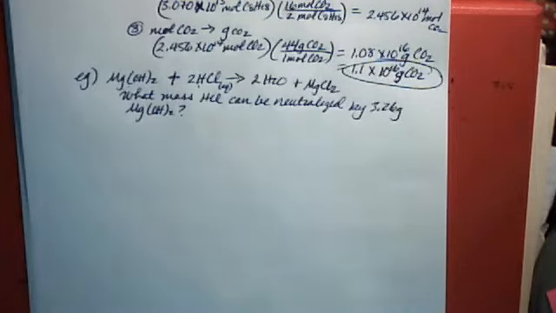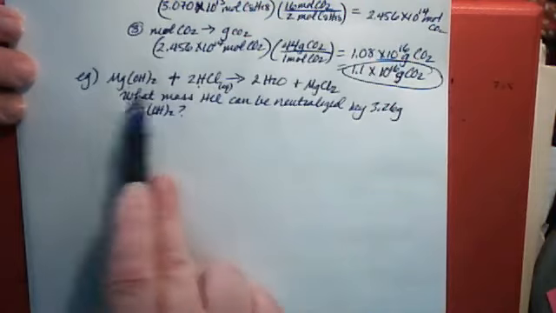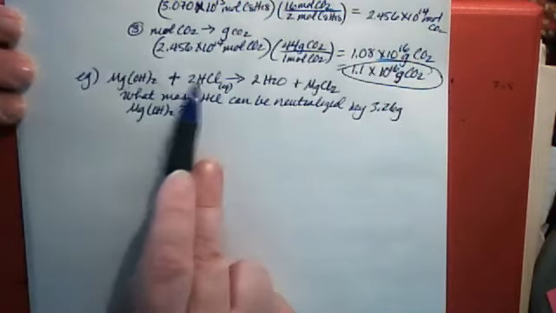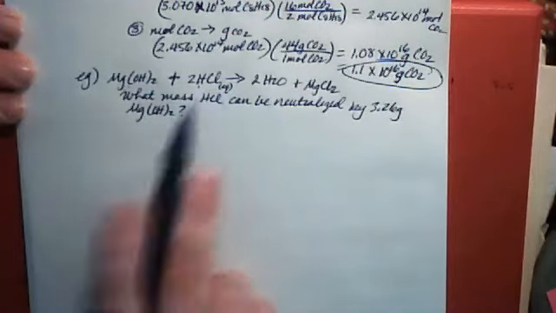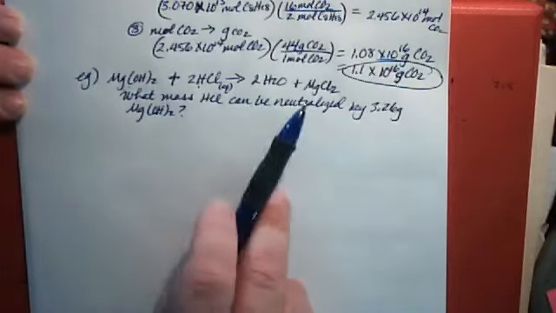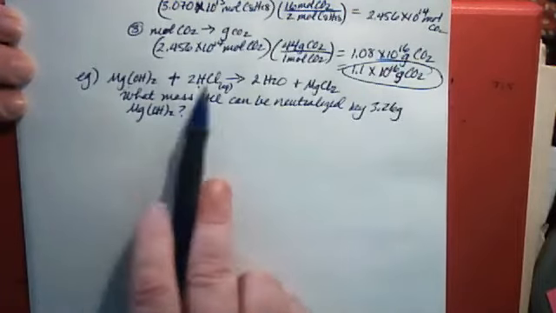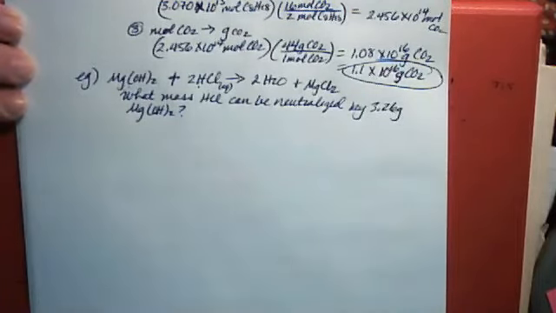In this case, we're comparing the amount of one reactant to the amount of another reactant. We have so much of this reactant, how much of that reactant would react with it. But similar to the previous example, if we want to go from grams to grams, we have to go by way of moles. And I'm going to do this all on one line just to show you how to do that.